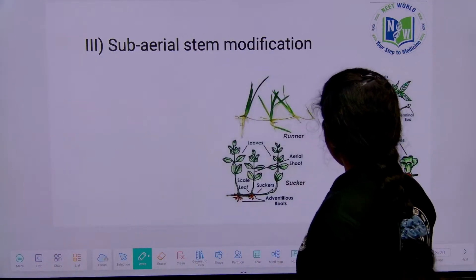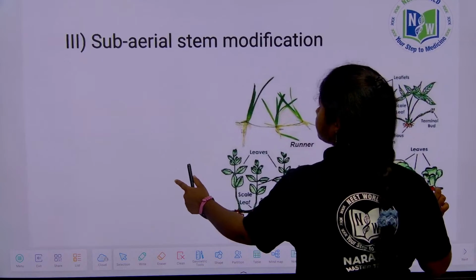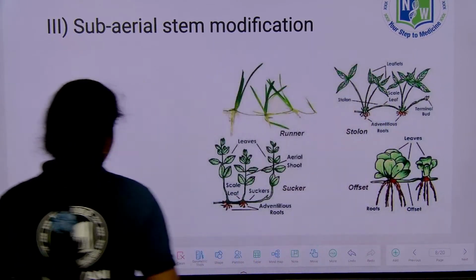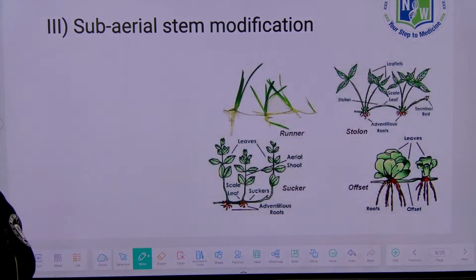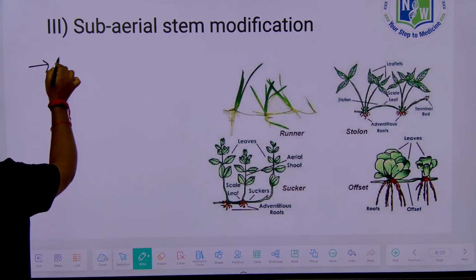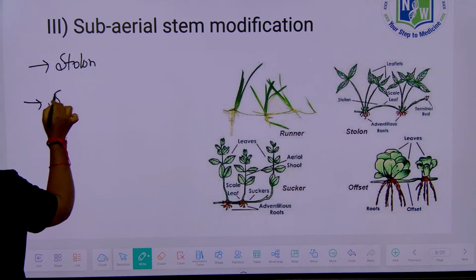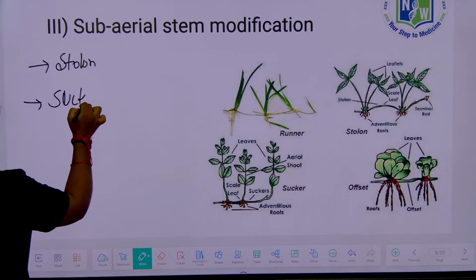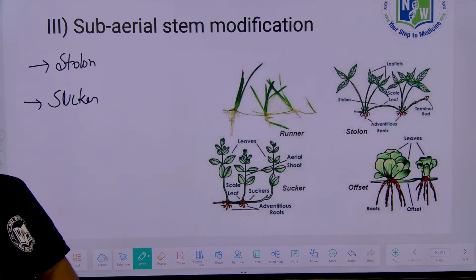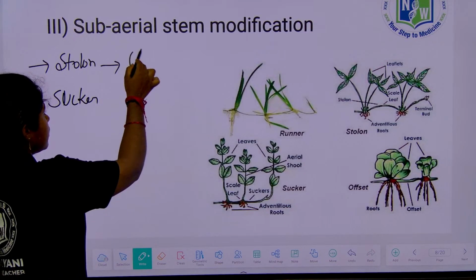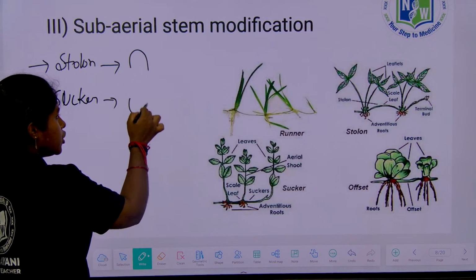Coming to the subaerial stem modification. The first one is the runner, but we will start with the stolon. Okay, it is also very easy to remember. Stolon and sucker are exactly opposite. This shows an inverted U and the sucker is U shape.